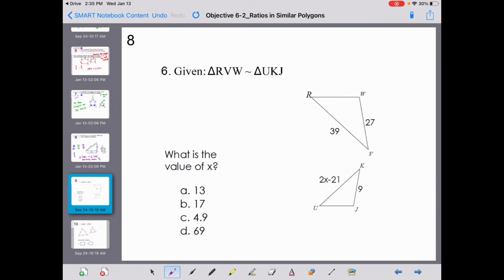Given that these two triangles are similar, what is the value of x? Uh-oh, let's see here. So RV goes with UK. So RV is 30. So RV to UK.